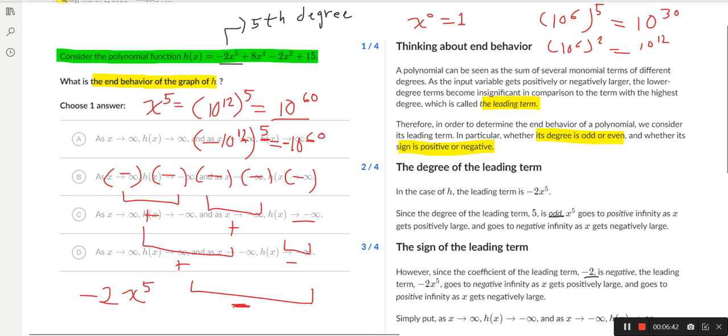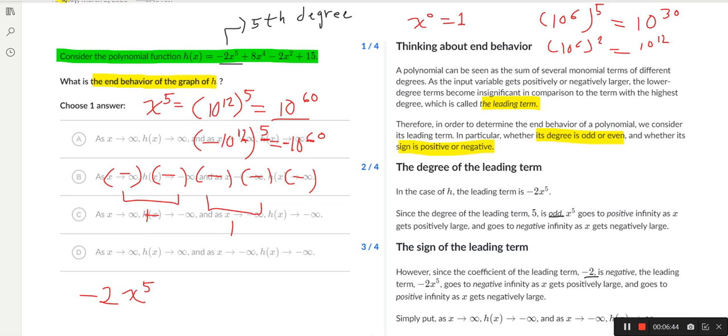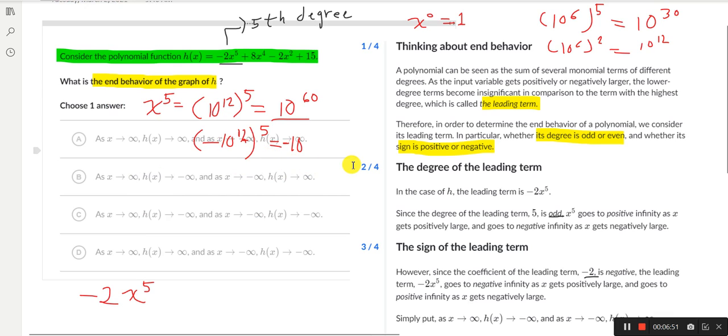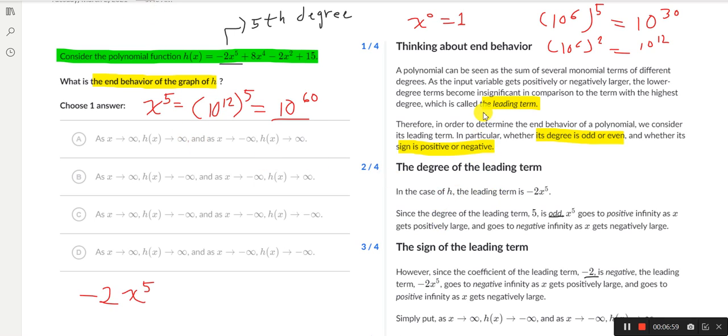So let's go and finish with this problem. Now you know that the three things you need to take into consideration are the leading term, whether the degree is odd or even, and whether the sign is positive or negative.